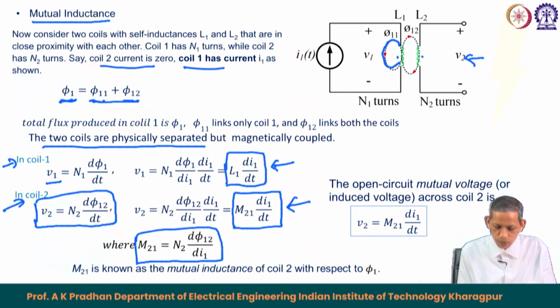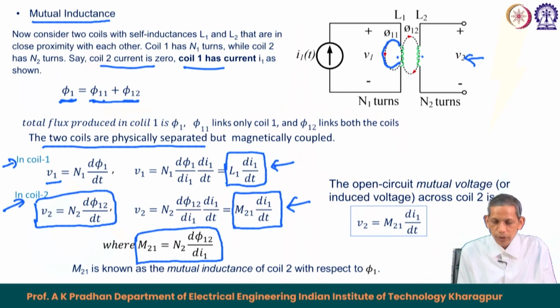So, we formulate the relation for the voltage V 2 in coil 2 to be M 2 1 dI 1 upon dt, where M 2 1 is N 2 d phi 1 2 by d I 1. Note that N 2 is the number of turns of coil 2, phi 1 2 is the flux linking to 2 generated from 1, and the current in 1 is I 1.